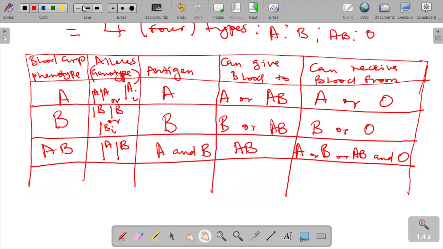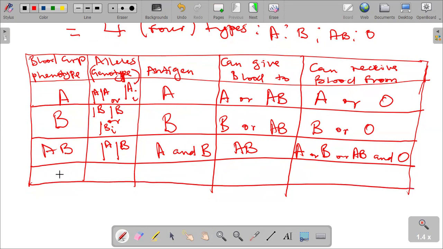And then the last blood type that we have is blood type O, which you can see from the list of blood types that we have given there. The allele that produces blood type O is i recessive, and that is its genotype.